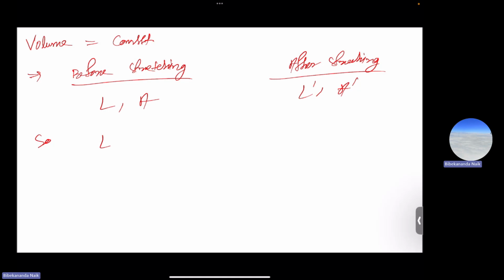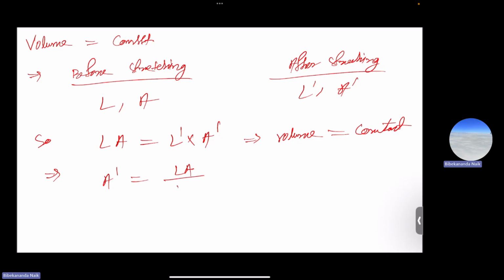So L into A equals L prime into A prime, because volume is constant. So A prime is L A divided by L prime, so L A divided by 4L. So A prime will be A by 4.